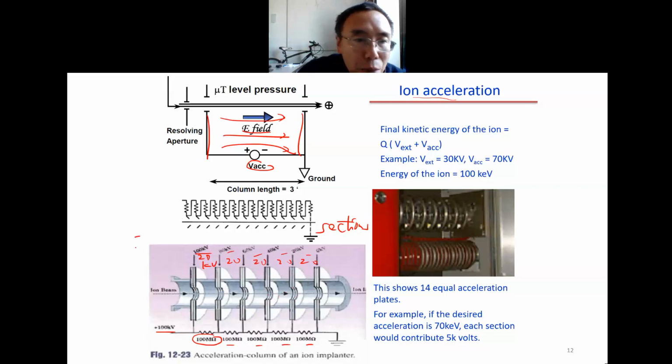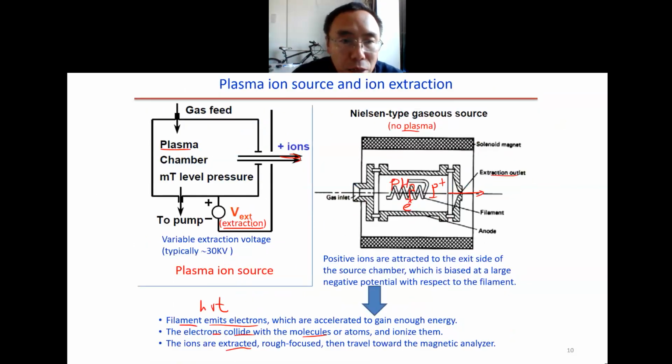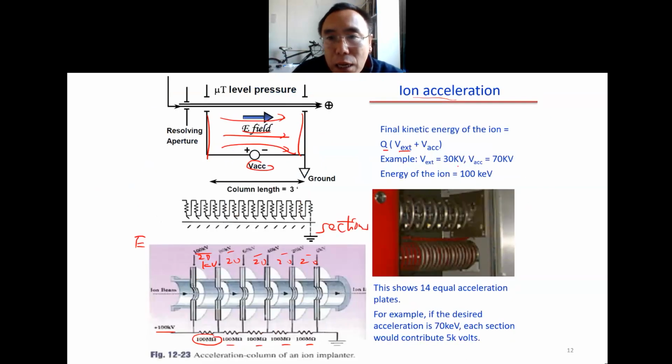This way we get a more uniform electrical field for the ions to be accelerated. The final energy of the ion is given by the charge times the extraction voltage plus the acceleration voltage. For example, this can be 30 and this can be 70, to give 100 kilo electron volt.